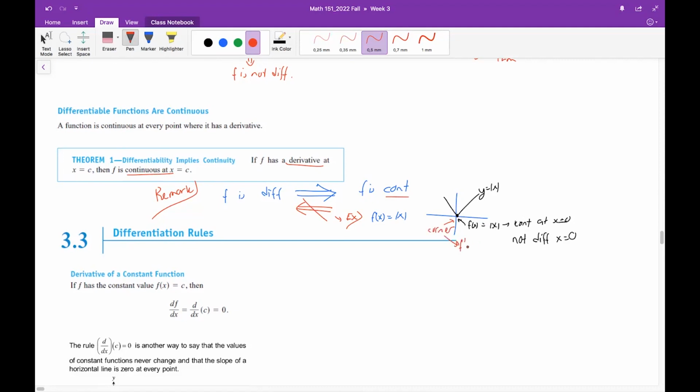That's why the first derivative does not exist there. At corners, remember, our function fails to have a first derivative. So if differentiable, then for sure it is continuous. But there are functions which are continuous at a point, but fail to have a first derivative there, okay? Differentiability implies continuity, but continuity does not imply differentiability.